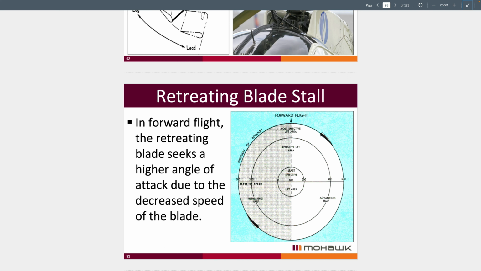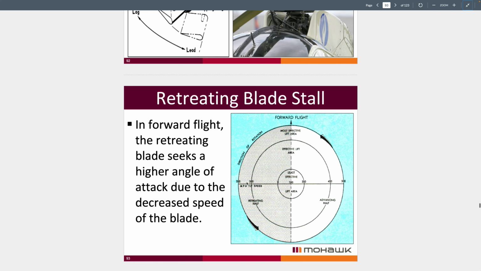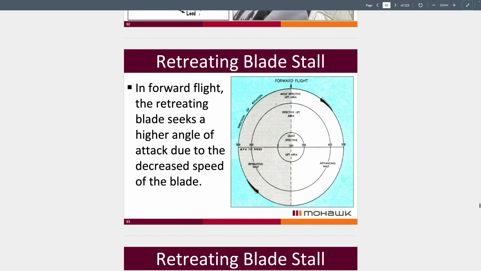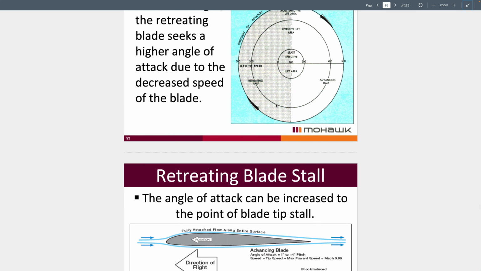And this high angle of attack, as we know, can reach a point where it exceeds the critical angle of attack. And once we exceed that critical AOA, now we're going to fall into the problem of having a stall. So retreating blades have a tendency to stall as we try to seek higher and higher angles of attack at lower speeds.